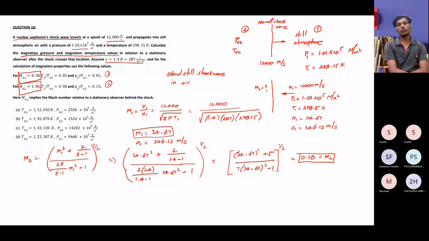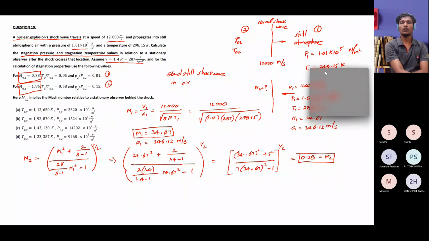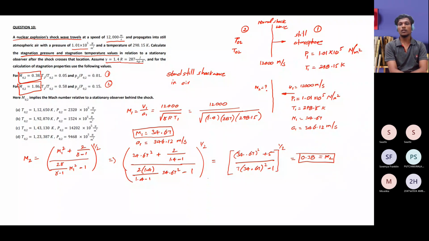M1 is around 34.67, whereas M2 is around 0.38. A Mach number less than 1 is subsonic, and the criterion is that in the downstream of the normal shock wave, we should get a subsonic Mach number. So that is what we obtained from this relation, and it is clear that we are going the right way.